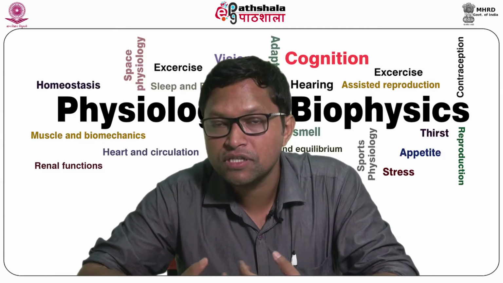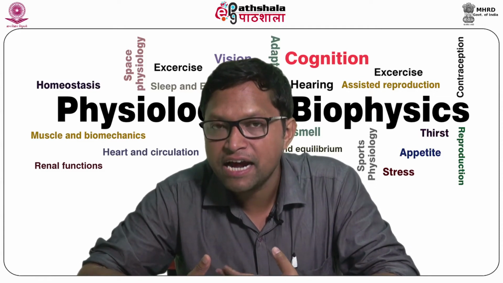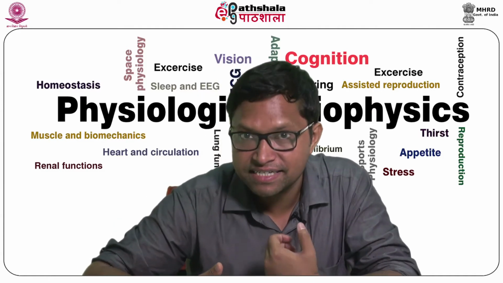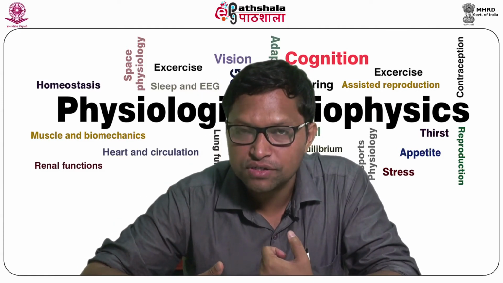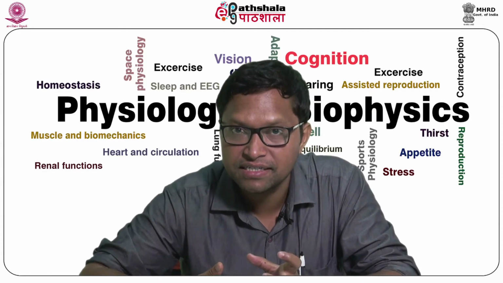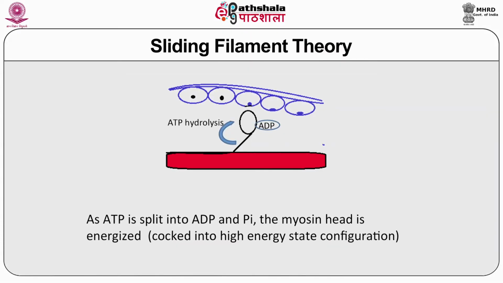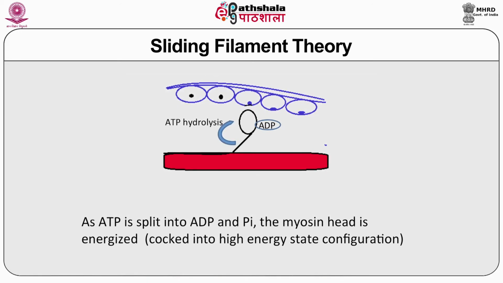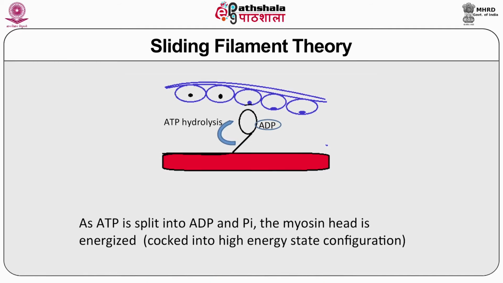This leads to the cross bridge formation, and upon the formation of the cross bridge, the ADP is released, and that causes a conformational change in the myosin head. Now, the head bends at the neck and helps it slide past the actin filament, comprising the power stroke.